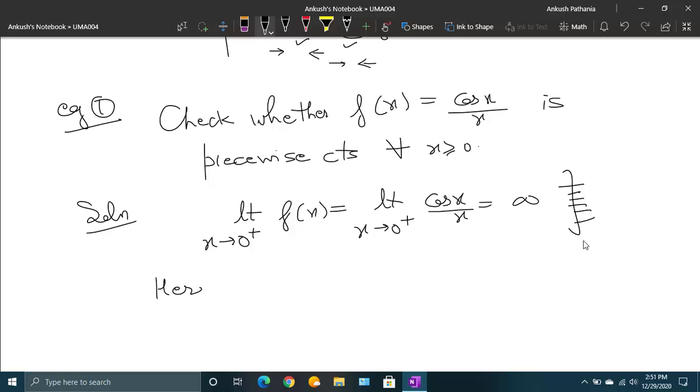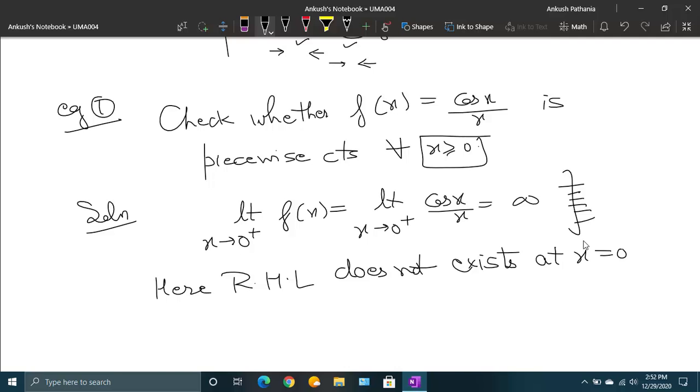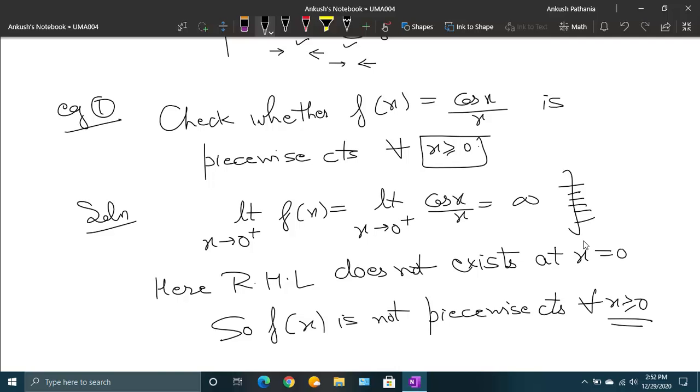The right hand limit does not exist at x equals 0, since we can take only the right hand side, since we have x greater than or equal to 0, and that too does not exist at x equals 0. We do not have any other problem at any of the other points, but at x equals 0, since it is considered in the question, the right hand limit does not exist, so f(x) is not piecewise continuous for all x greater than or equal to 0.